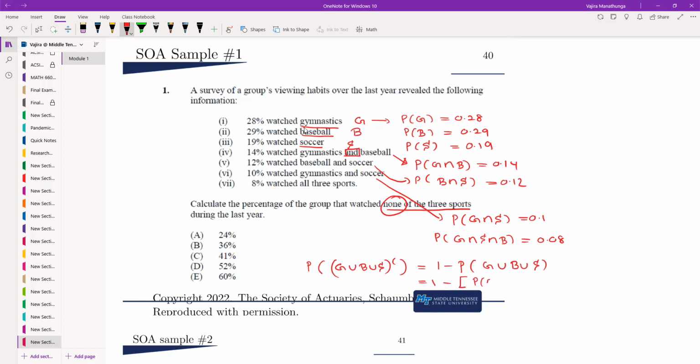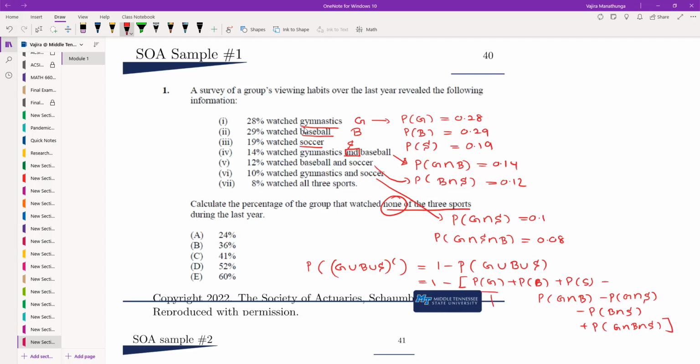Finally, you add the probability of watching all 3 sports, and that formula should give you the answer.